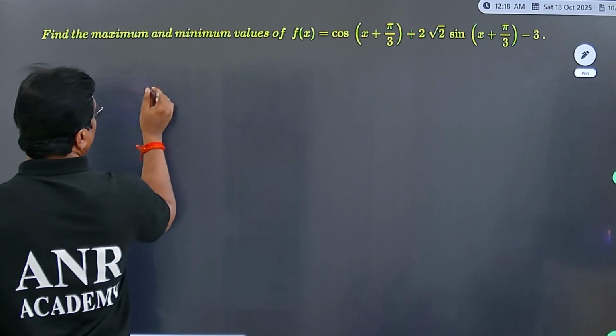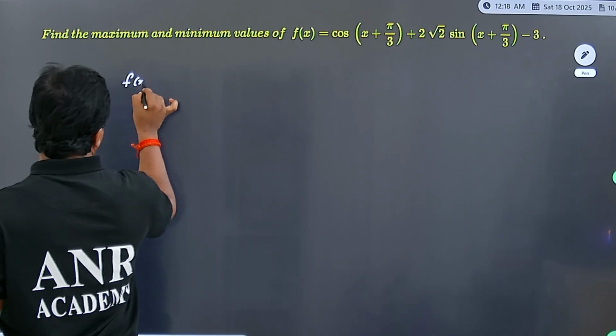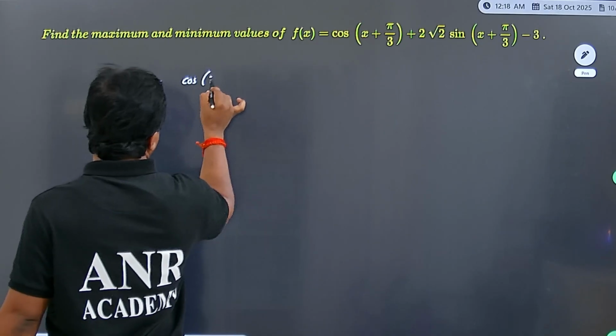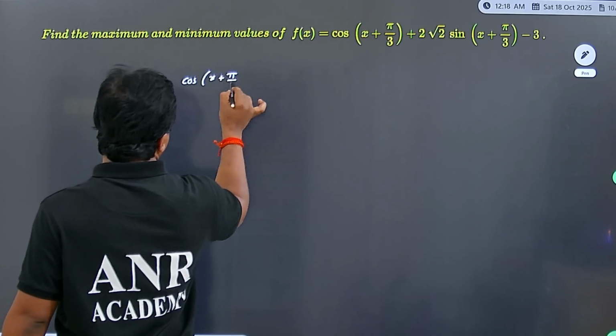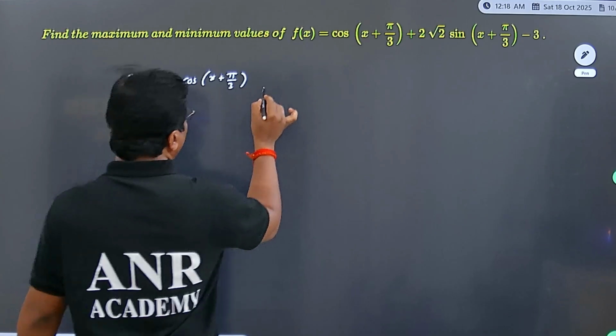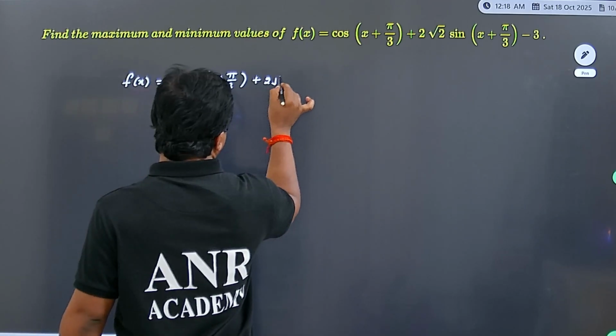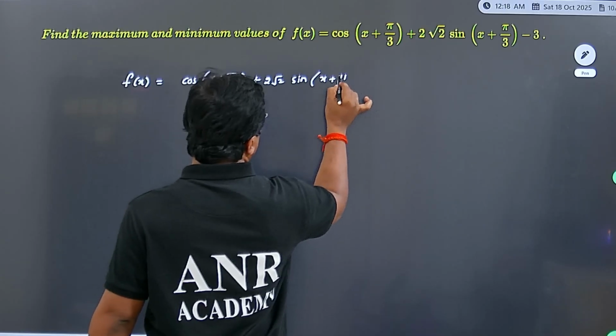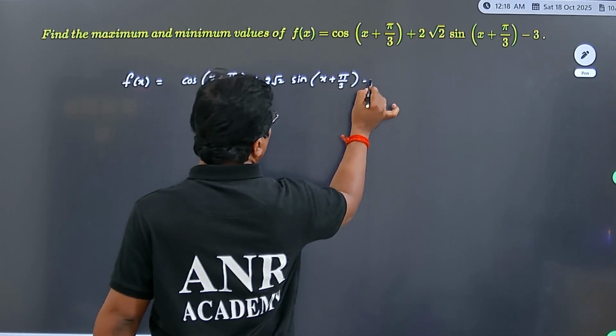Here first I am going to write the function f of x, that is cos of x plus pi by 3 plus 2 root 2 into sin of x plus pi by 3 minus 3.